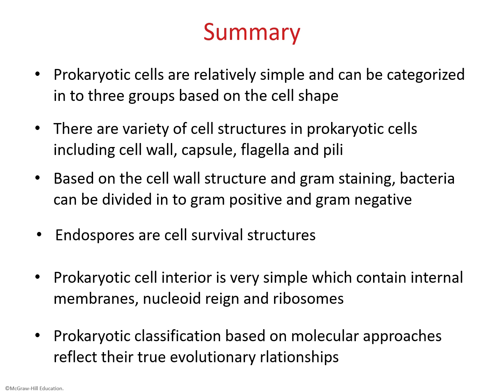Endospores are cell survival structures, and the prokaryotic cell interior is very simple compared to eukaryotic cells, containing internal membranes, nucleoid regions, and ribosomes. Prokaryotic classification is based on molecular approaches, and it might reflect their true evolutionary relationships.